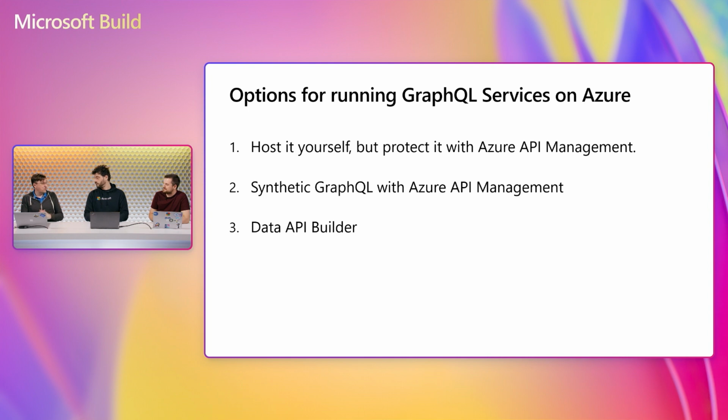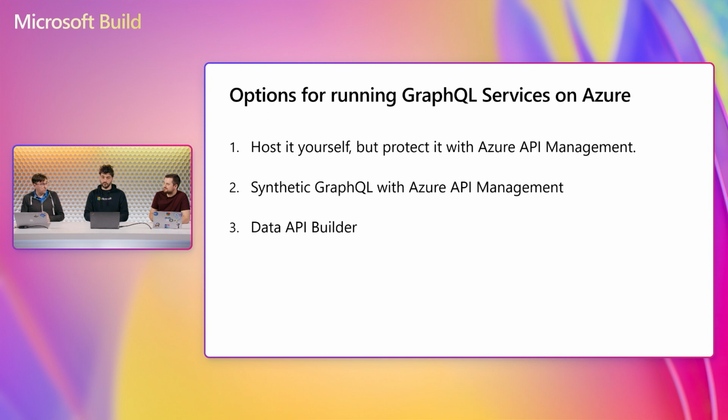Firstly, synthetic GraphQL. This is a feature of Azure API Management that allows you to turn your REST, SOAP, and HTTP APIs into GraphQL. No intermediary required. You just modernize your API, keep your old REST and SOAP APIs, and just put a GraphQL facade on top.